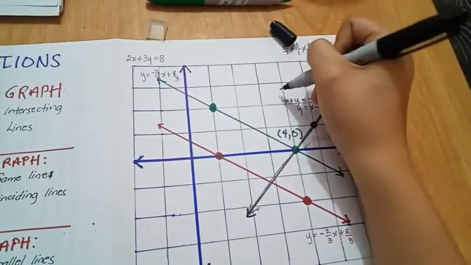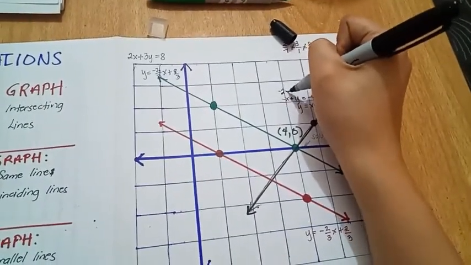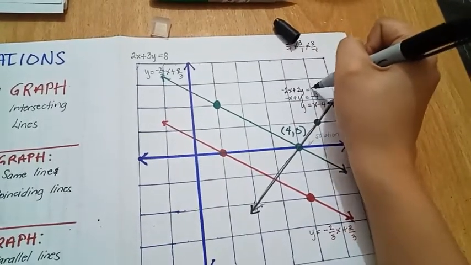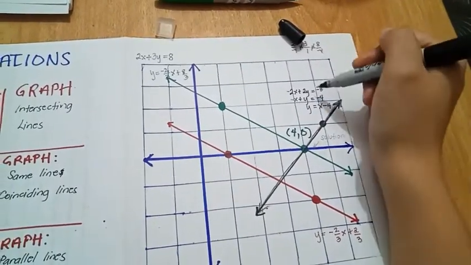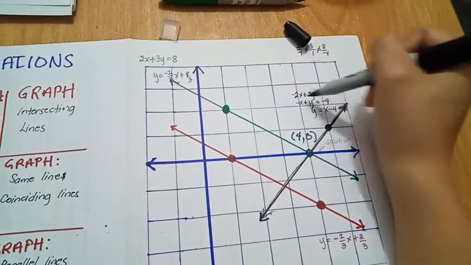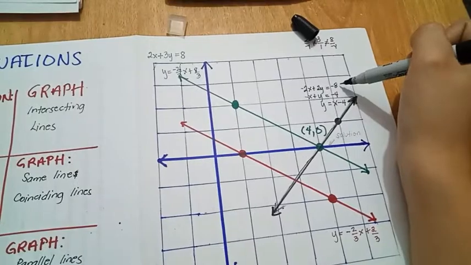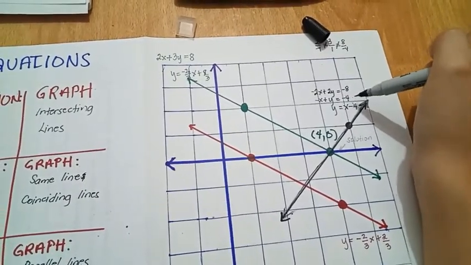If we have the equation negative 2x plus 2y equals negative 8. Kung itong equation na ito, i-divide natin by 2, you will arrive with the same line.